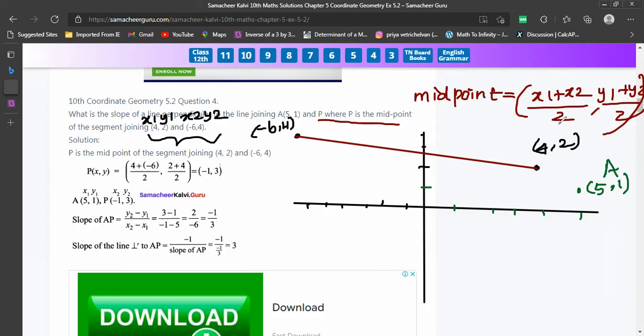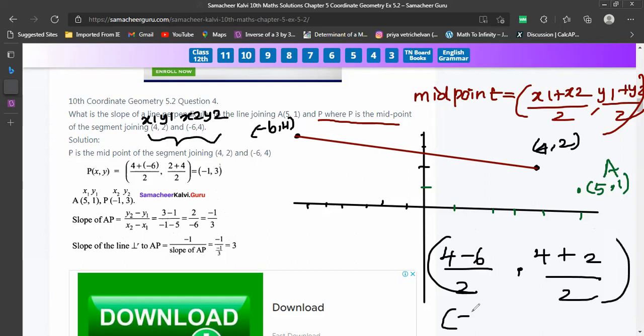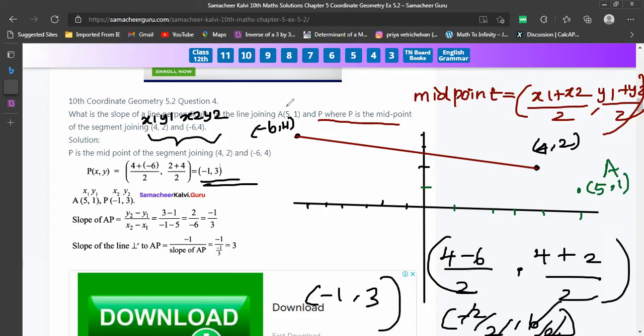So it's x1 plus x2 upon 2, which means 4 minus 6 upon 2, comma y1 plus y2 by 2. What is y1? y1 is 4. 4 plus, what is y2? y2 is 2 upon 2. So minus 2 by 2, comma 6 by 2. You simplify this, you will get minus 1, 3. So minus 1, 3 is your midpoint.